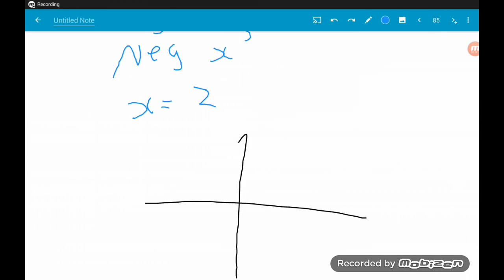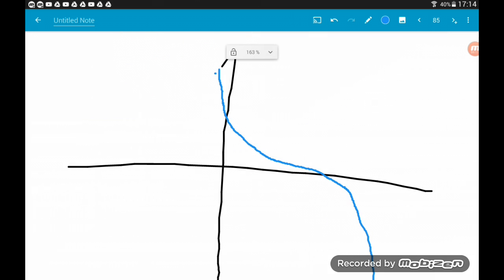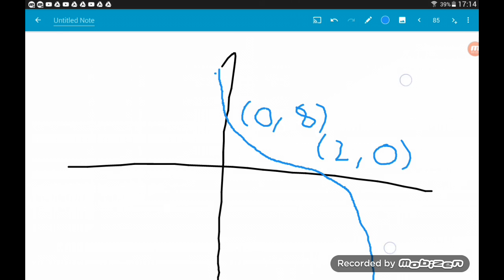He's going to look something like that. So this point here is (2, 0). This point up here is (0, 8). So that's all we need to label on this guy.